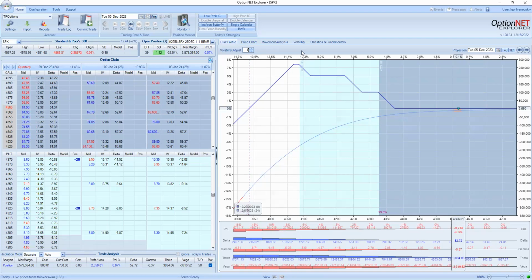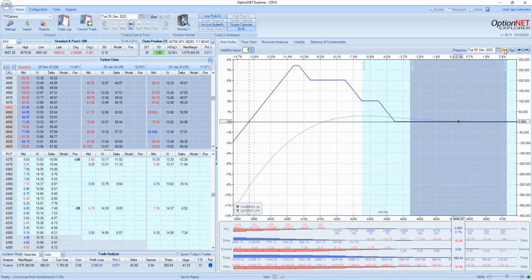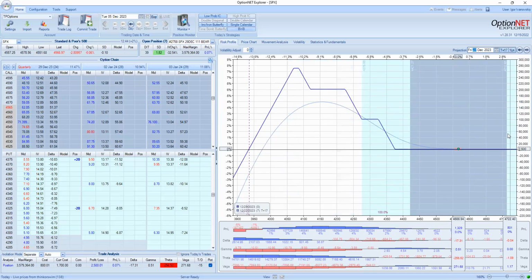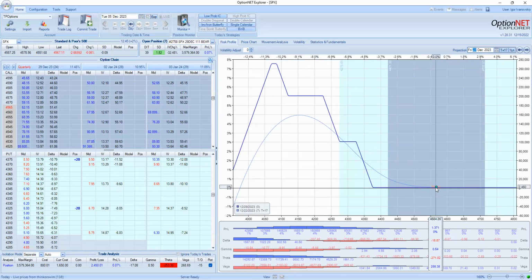So we can also take a look at what this trade would look like with 7 days left. So if we're here and we have 7 days to go, you can see that it's very unlikely that we're going to move much lower.